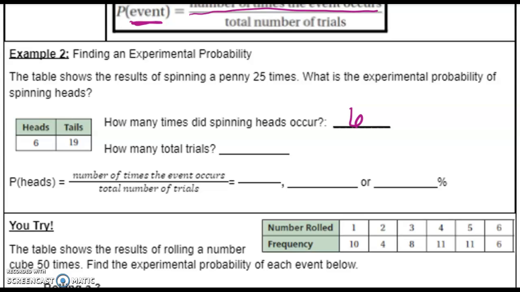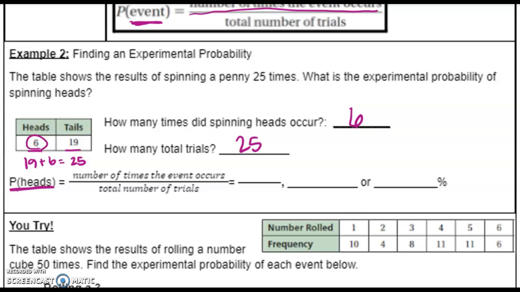This is when we have to add up how many times we got heads and how many times we got tails. So 19 plus 6 gives me 25. And so that is 25 here. And now we're looking at the probability of spinning heads, which is the number of times the event occurs.